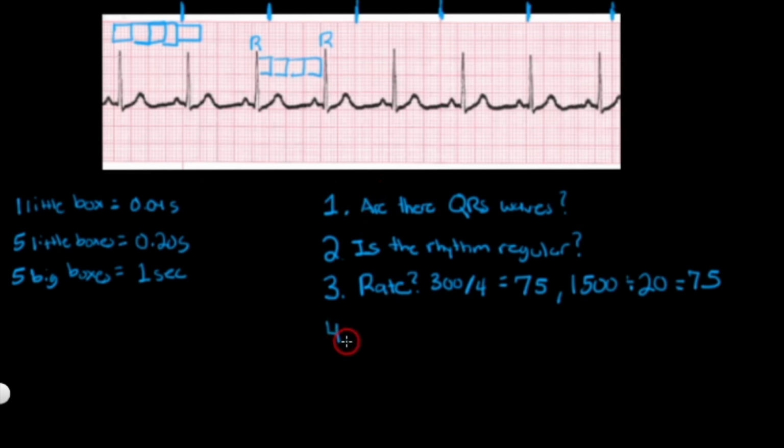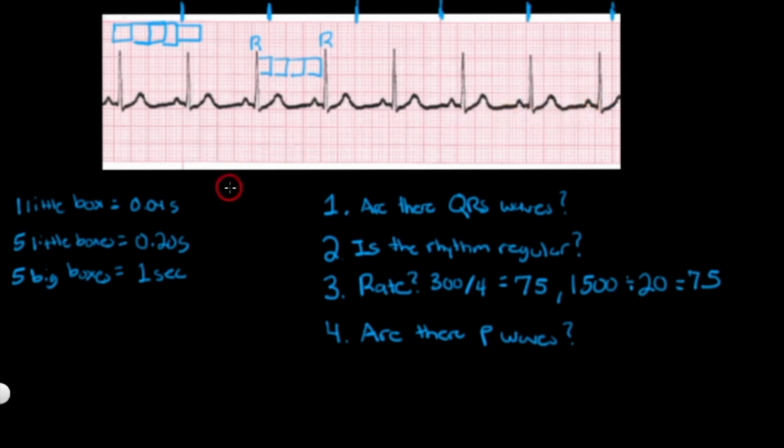The next thing that we look for is the P waves. Are there P waves? When you're looking for the P waves here, you want to see if they all look the same before each QRS wave that comes up. Because with some of the heart rates, the P waves can look different.